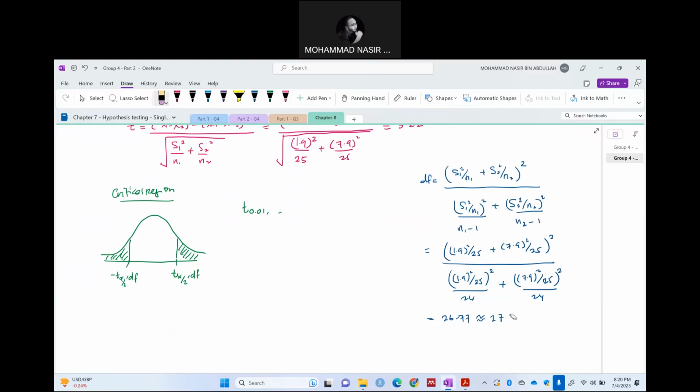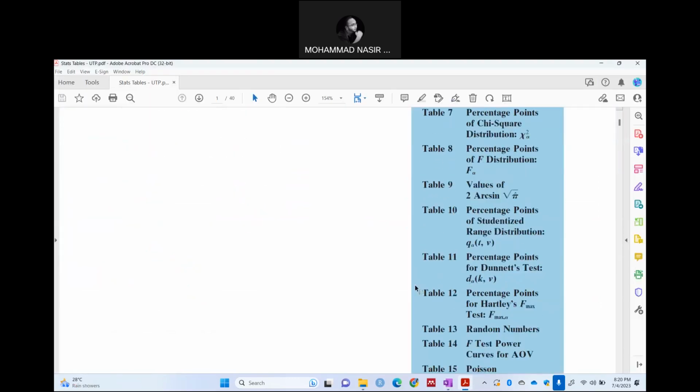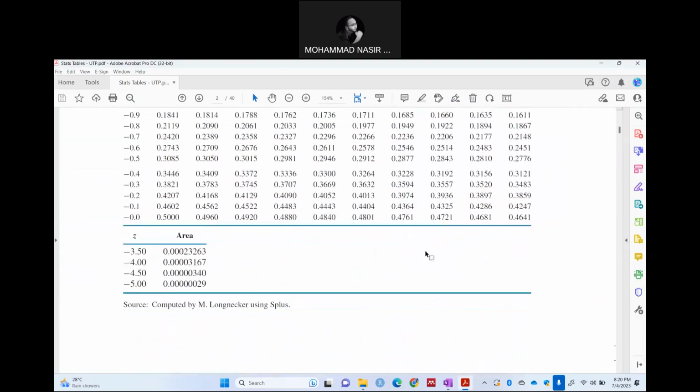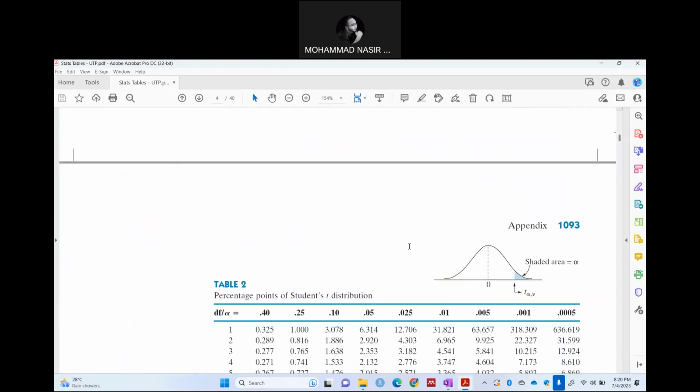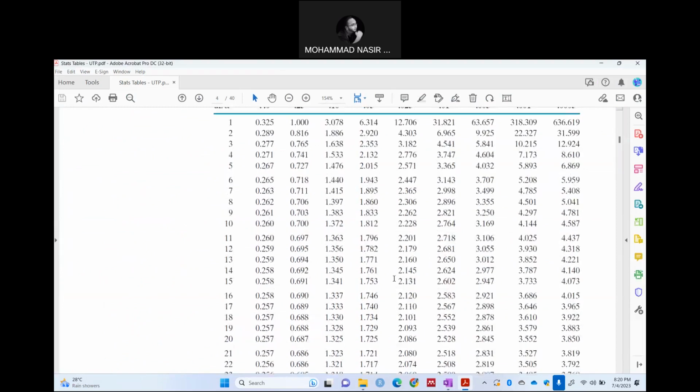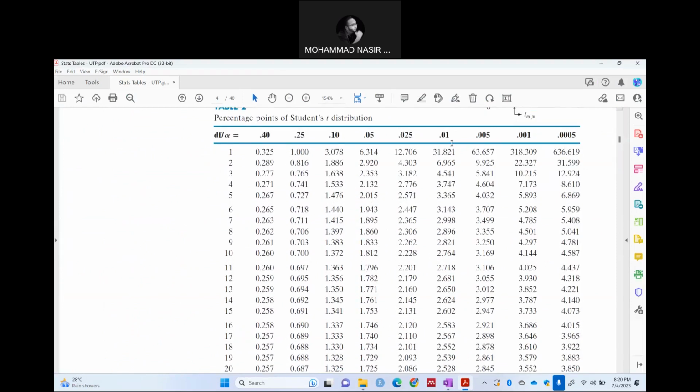So the degrees of freedom here is 27, with t alpha 0.01. Use the statistical table, look at the T distribution, not the Z distribution, which is table number 2. T distribution, 27, alpha 0.01, so it should be this column.